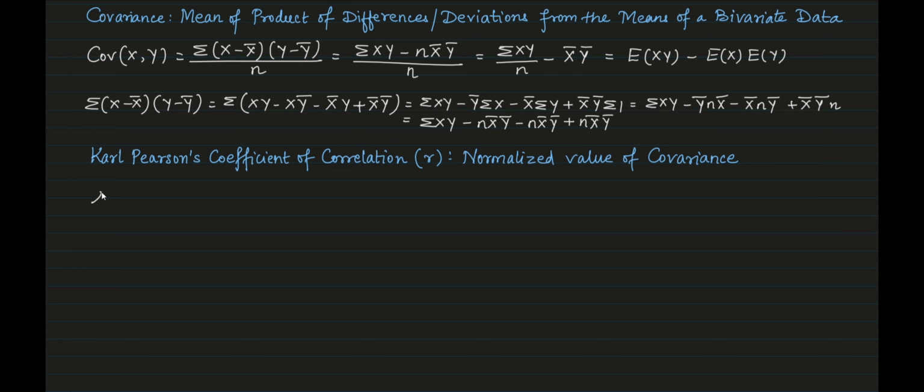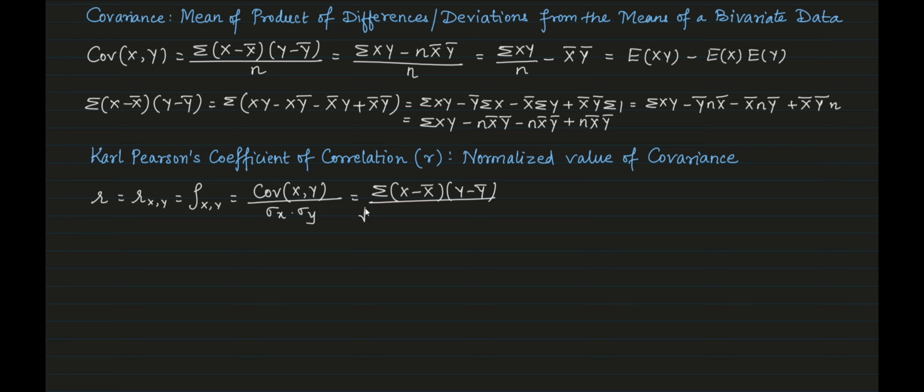So r, which is Karl Pearson's coefficient of correlation, also denoted by rho of xy, is covariance of xy divided by standard deviation of x into standard deviation of y. That is nothing but summation of x minus x bar times y minus y bar, the whole upon square root of summation x minus x bar the whole square, summation y minus y bar the whole square.